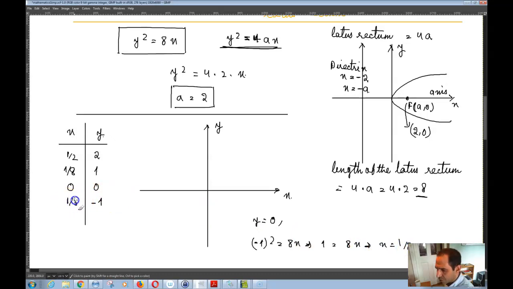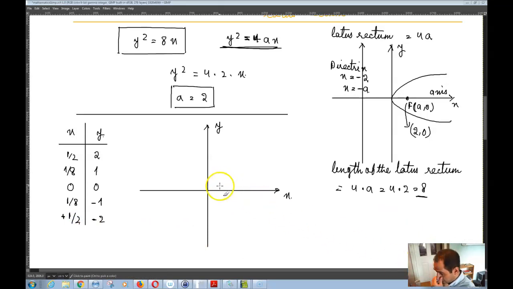So there you get 1/8 over here, and for -2, again you get positive 1/2. And so that way you can enter these values and plot them. (0, 0) would be 1 point, and then we have, for example, x is equal to 1/8, y is equal to 1.